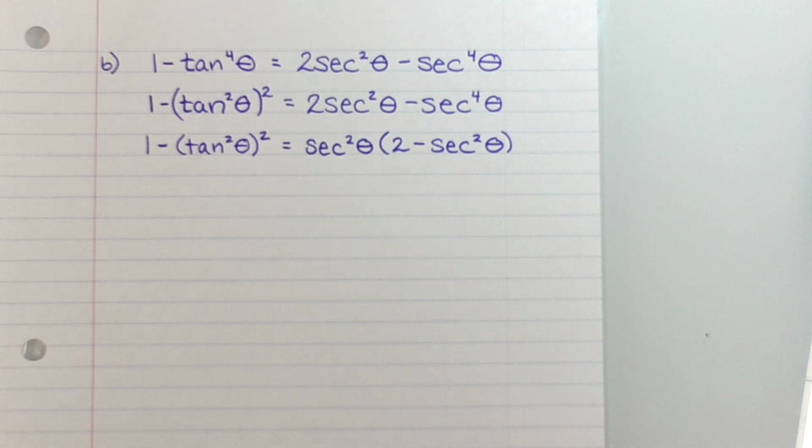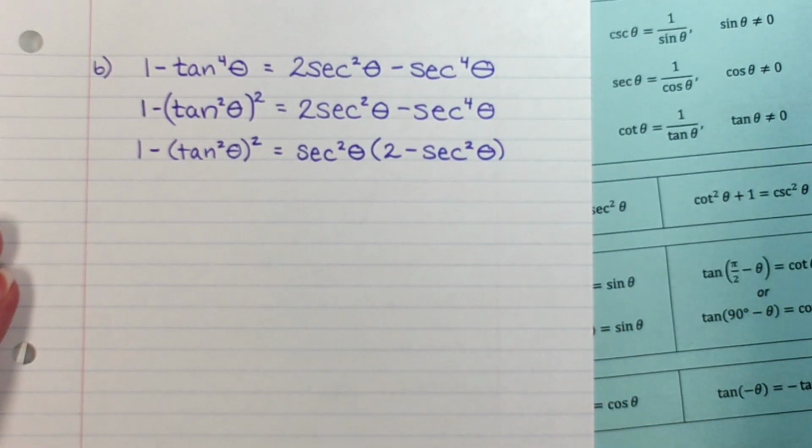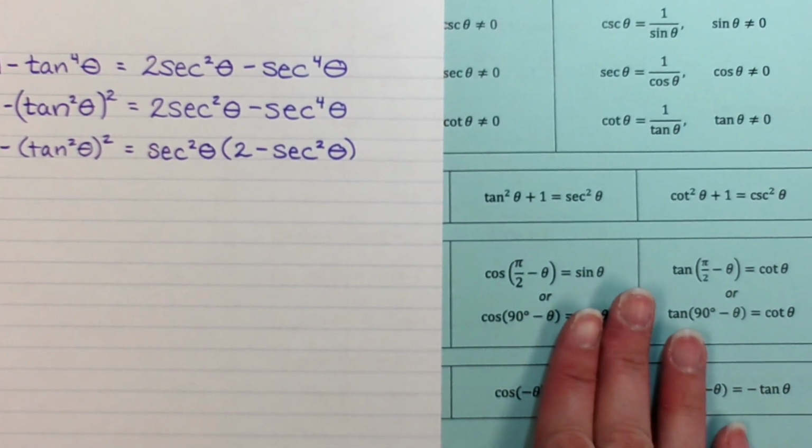Thoughts on where we can go next with this? Can we use the Pythagorean identity over there? Okay, so the Pythagorean identity, where's my blue identity sheet? That has the secants says tangent squared plus 1 is equal to secant squared.